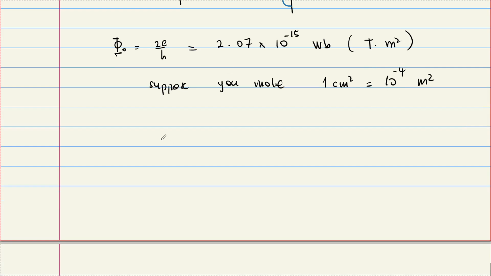If you plug in here, the B you can detect is 10 to the minus 15 divided by 10 to the minus 4, which is 10 to the minus 11 Tesla. Right? With this method, you can detect extremely tiny magnetic fields. Any questions?